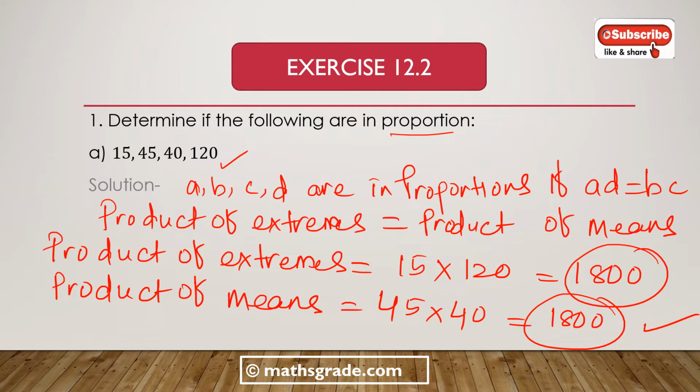So because product of extremes is product of means, these sets of numbers are in proportion. So 15, 45, 40 and 120, these numbers are in proportion.